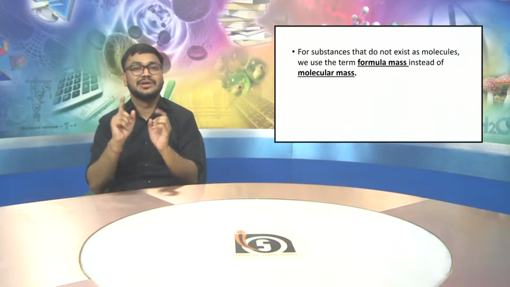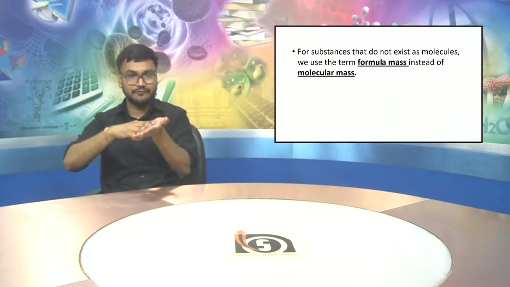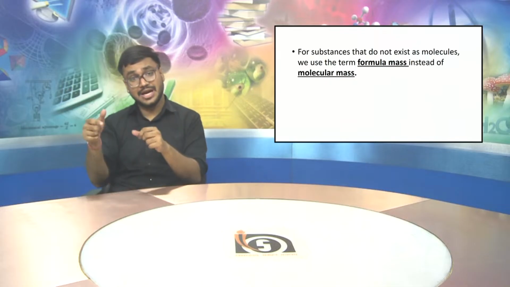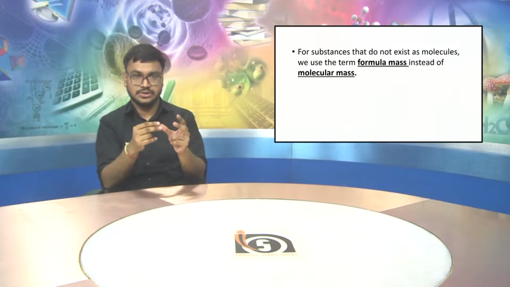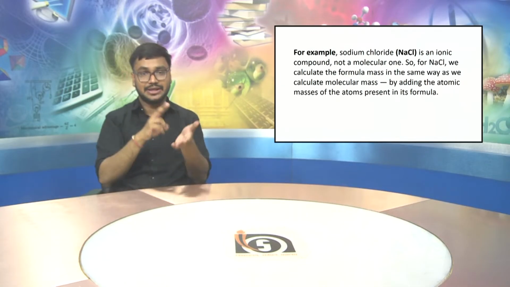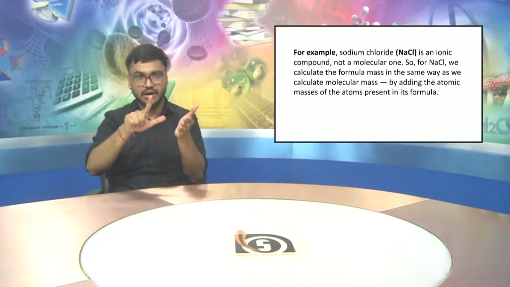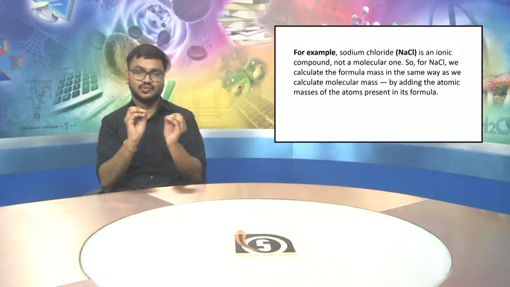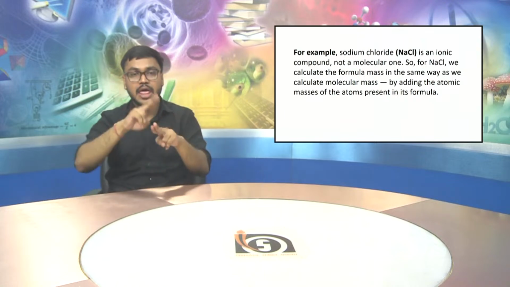For substances that do not exist as molecules, we use the term formula mass instead of molecular mass. For example, sodium chloride is an ionic compound, not a molecular one.